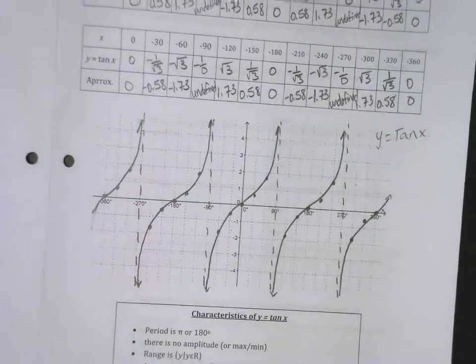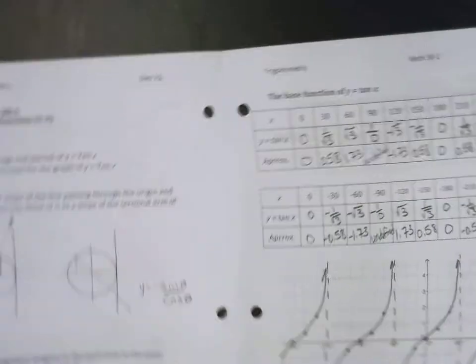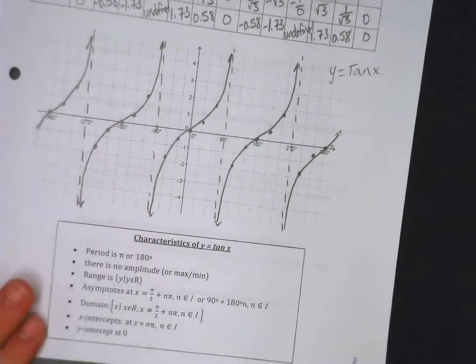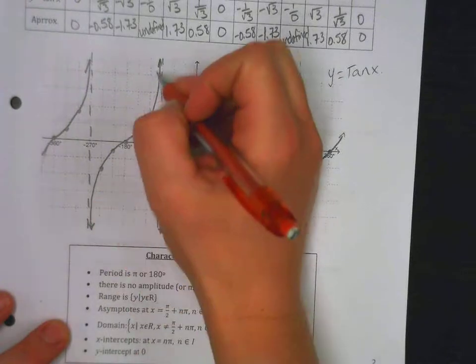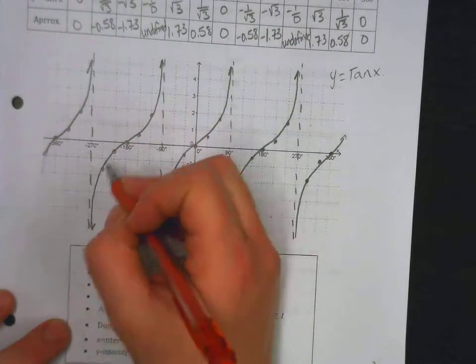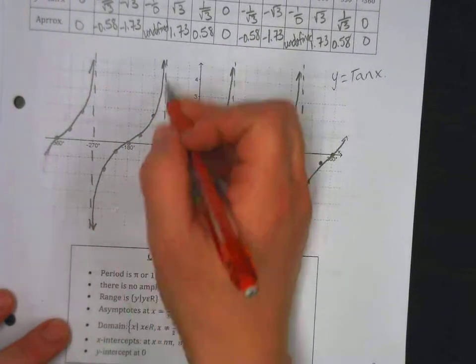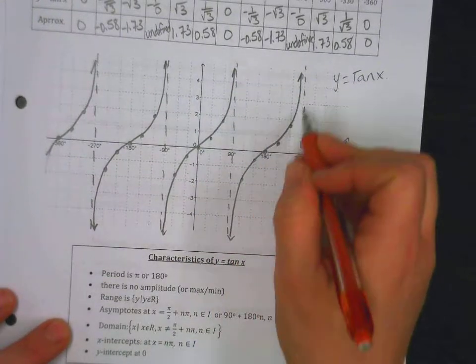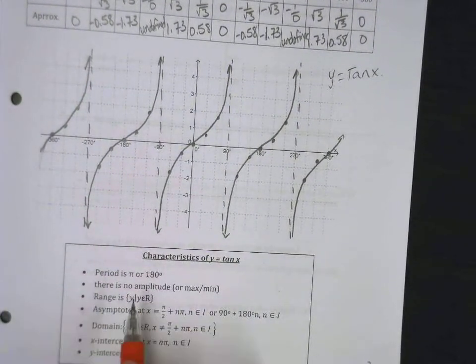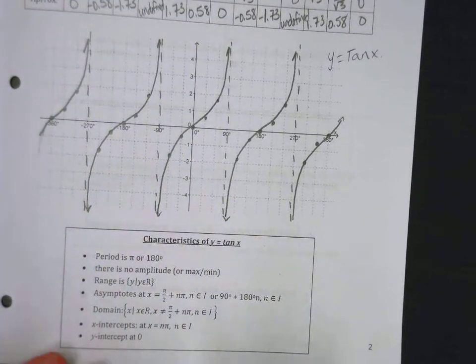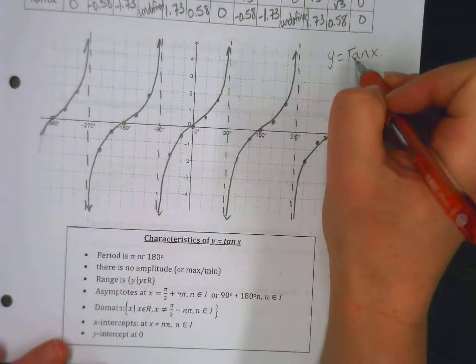So the period of our tangent graph is no longer 2 pi like sine and cosine. It's going to be pi, so this is repeating itself over 180 degrees. There is no amplitude value, so we don't talk about an a value. You can have an a value attached to your tangent function, but we actually don't call it the amplitude.